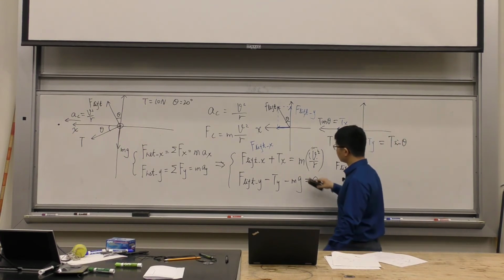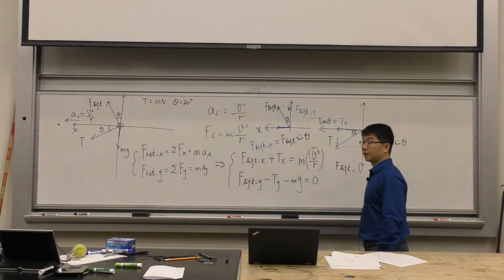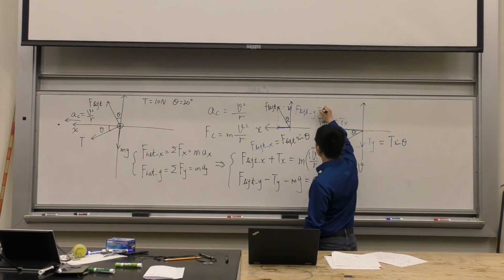If I break it into x and y, the x component is going to be this side, which is also equal to that side, so that's a right triangle. So that's going to be opposite to the theta angle. So lifting force times sine theta. What about the y component? The y component is adjacent to the theta angle, so that's going to be lifting force F times cosine theta.